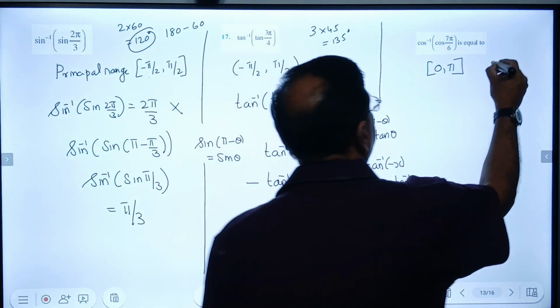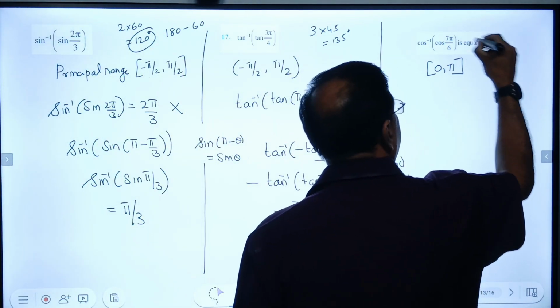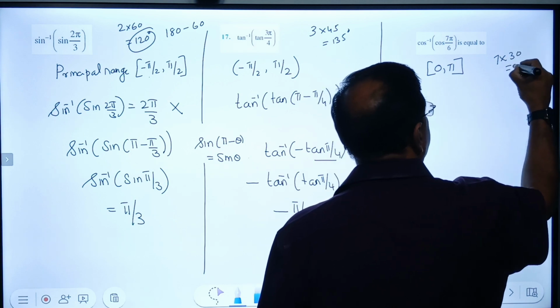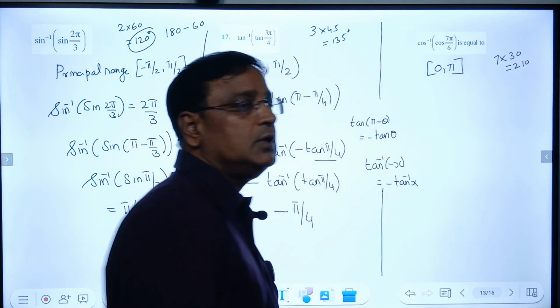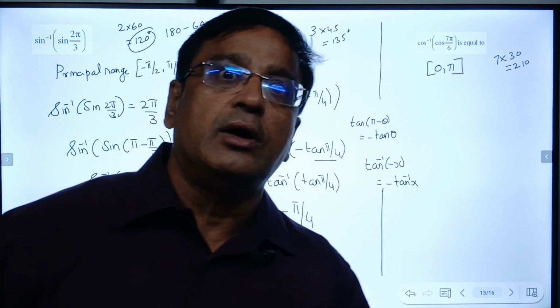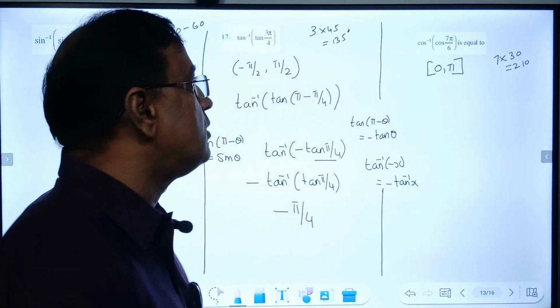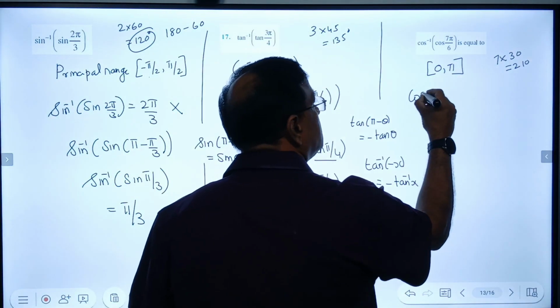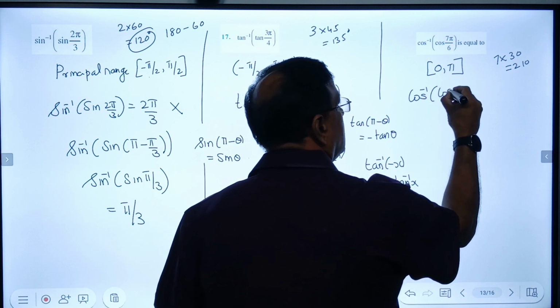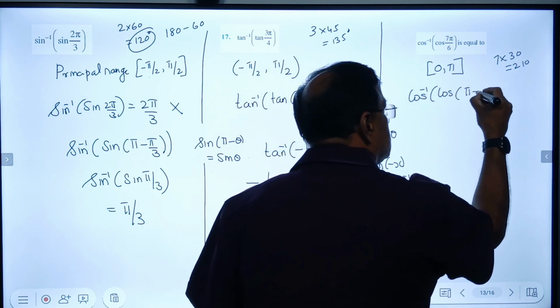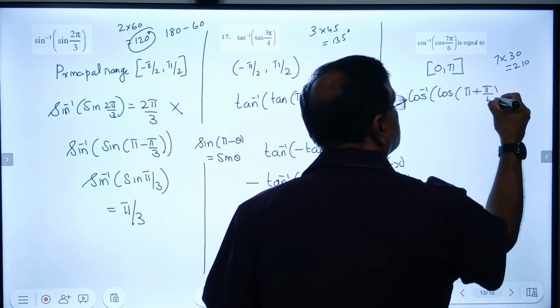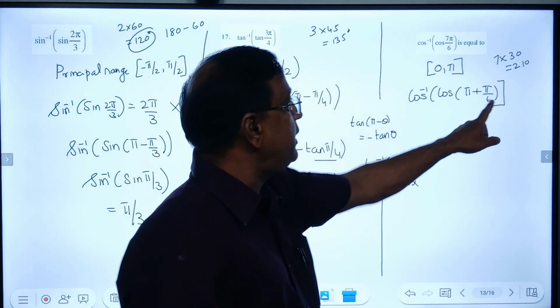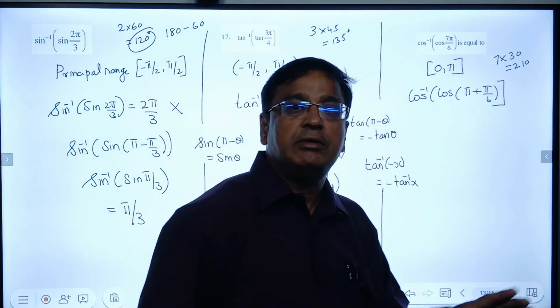Now what is 7 pi by 6? It is 7 into 30, which is 210. 210 is in the third quadrant. So how do I go to the third quadrant? It's pi plus pi by 6, correct? You can take LCM, that is 6 pi plus pi is 7 pi by 6.